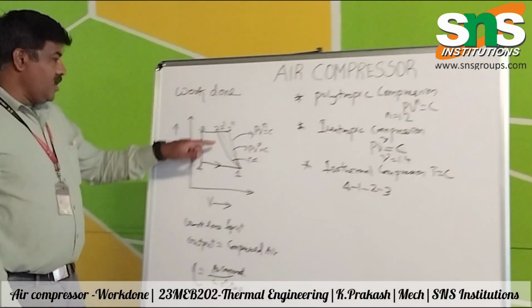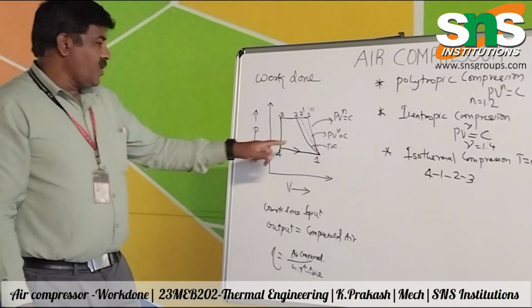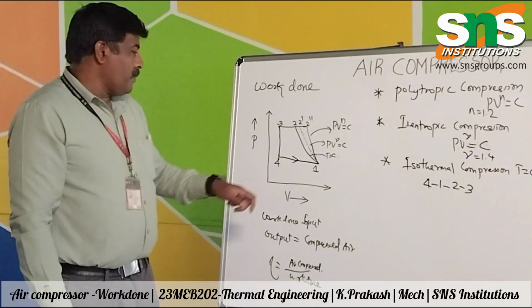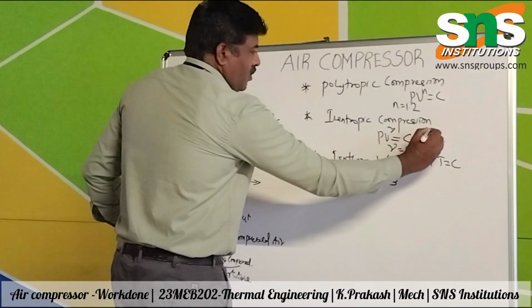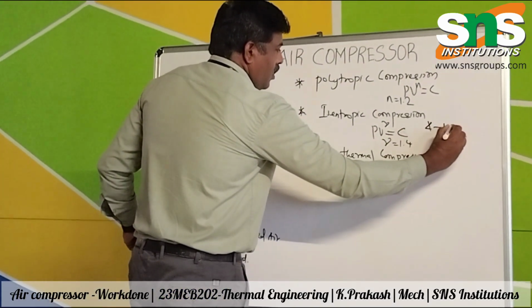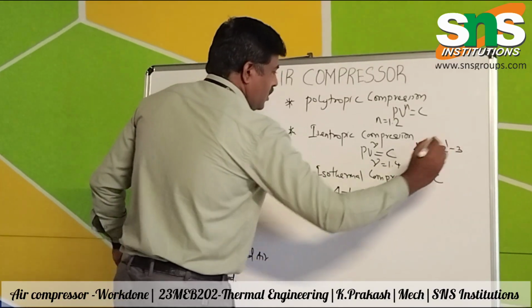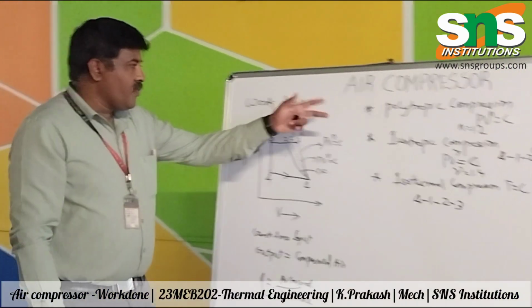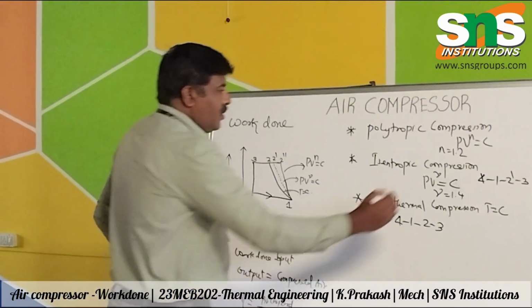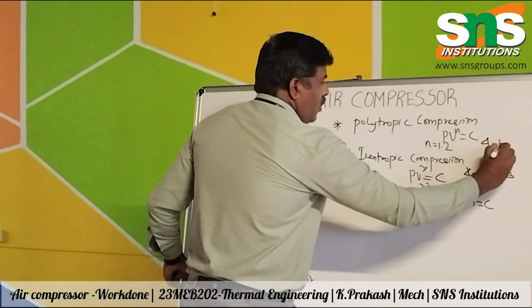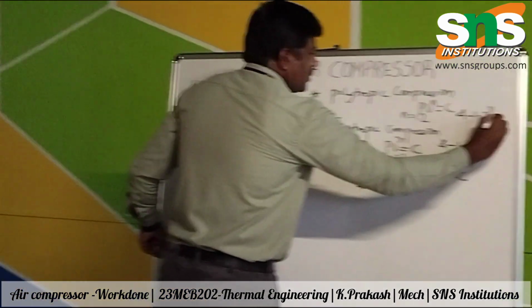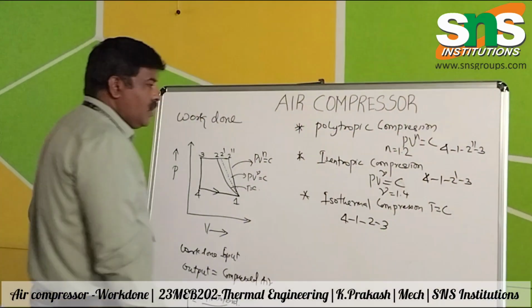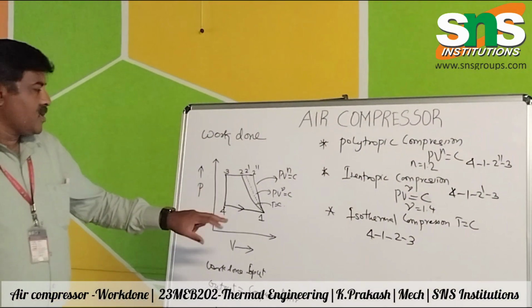Whereas if you take the isentropic compression, it is 4 to 1, 1 to 2 dash, 2 dash to 3. And if you go for polytropic compression, we have 4 to 1, 1 to 2 double dash and then 3.